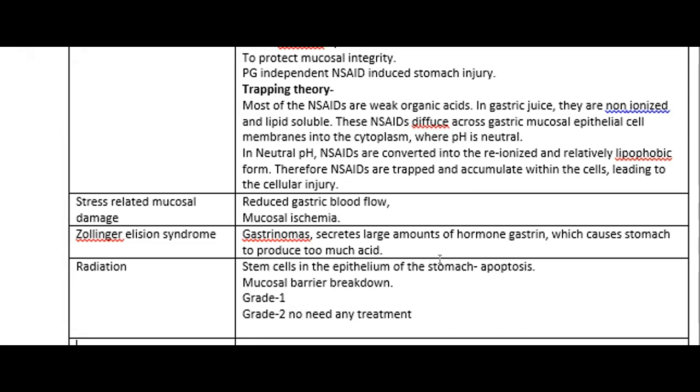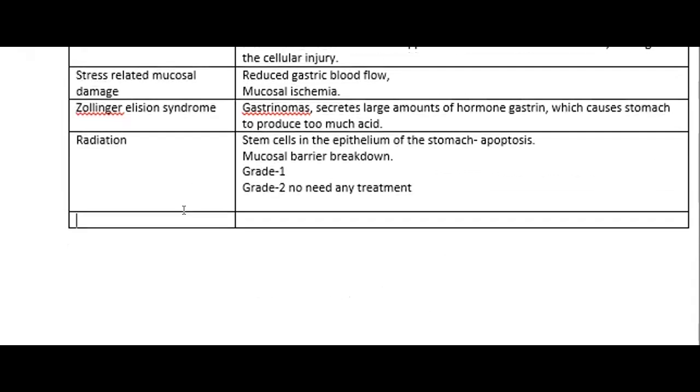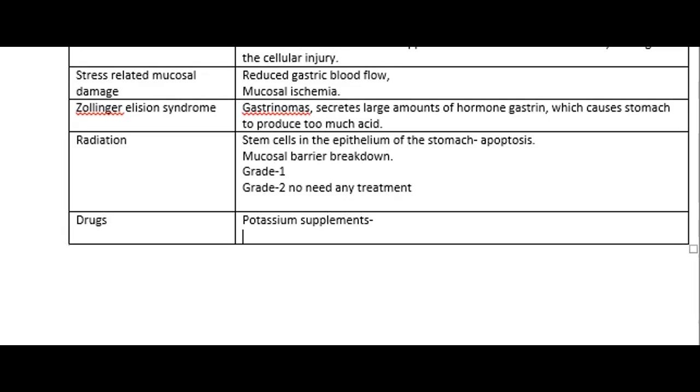And next, apart from this, there are a few drugs which cause peptic ulcer disease. That is the potassium supplements.